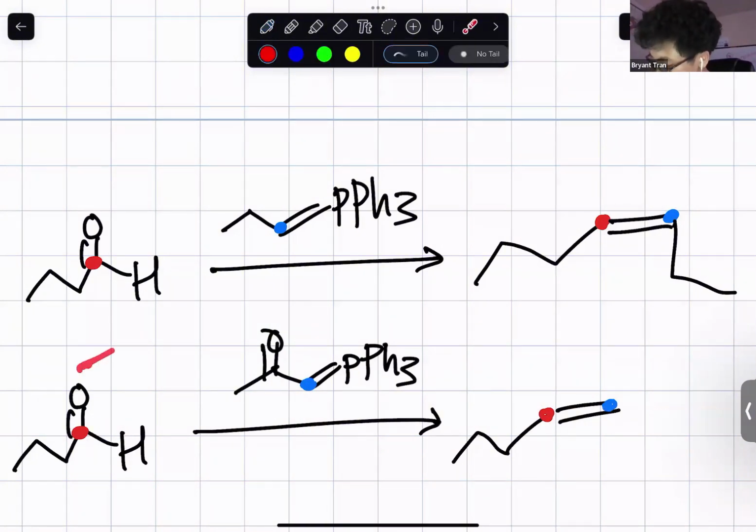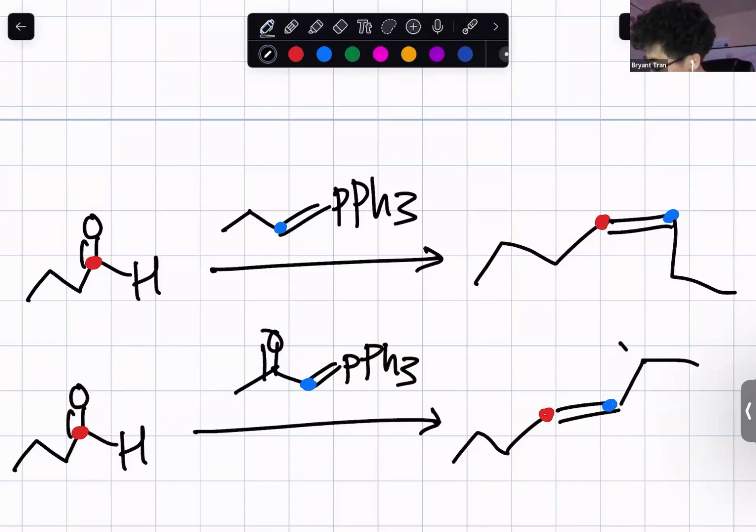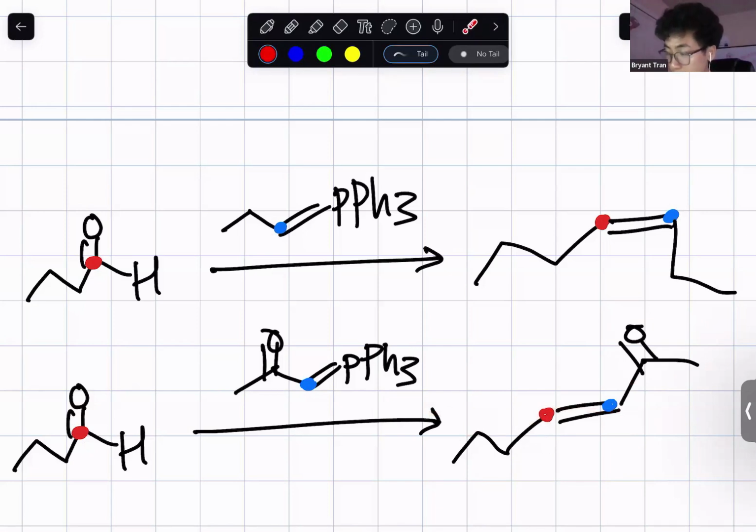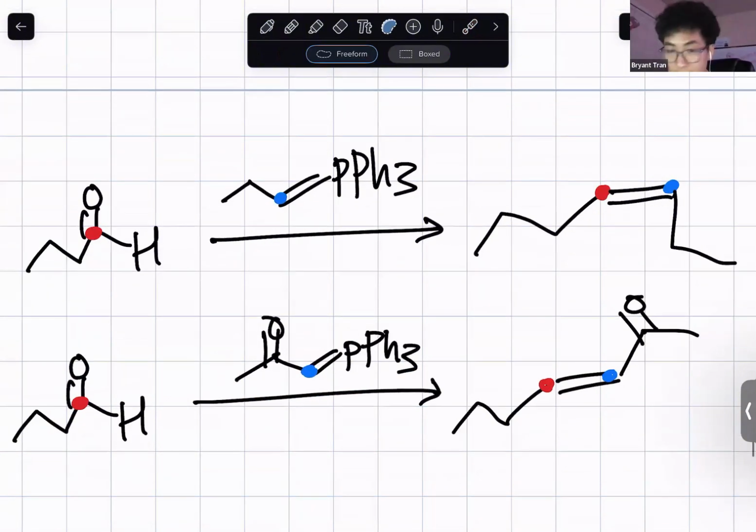The carbonyl goes away, the PPh3 goes away. And because this is a stabilized ylid, I'm going to make an E alkene. So this structure here is going to be going on top, on the opposite direction as that group right there. So that's how we would predict the product quickly for Wittig reactions.